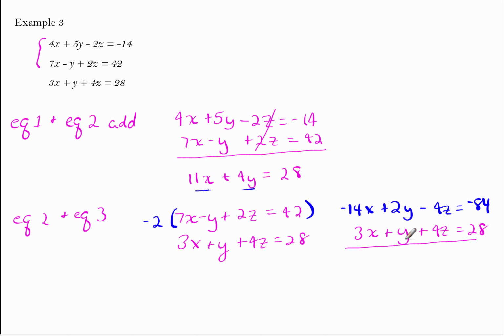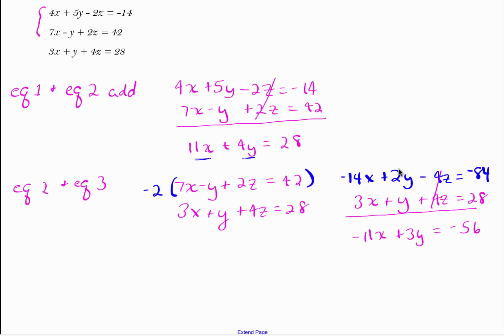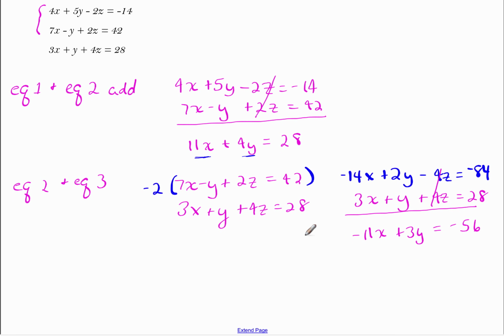When I add those together, I get negative 11x plus 3y, the z's cancel out, equal, let's see, 84 minus 28, that's negative 56. All right, so my new equations now, and I didn't even plan this. I just took a wild stab in the dark, and look at the beauty that happened.